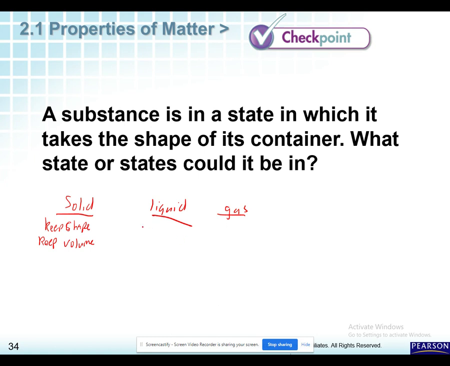If we go back and look at liquid, it can change shape, but it keeps the same volume. And then a gas can change its shape. Think of helium balloons.